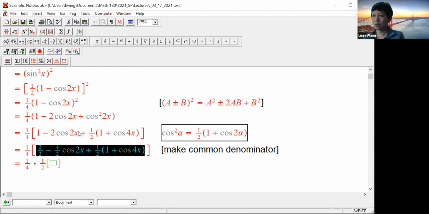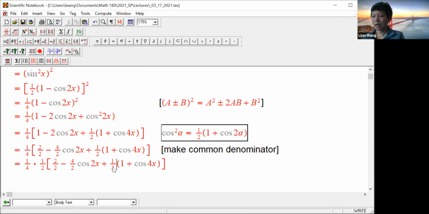All these halves are coming out. So half is out. This will be left with 4, and this will be left with 2. Follow me?